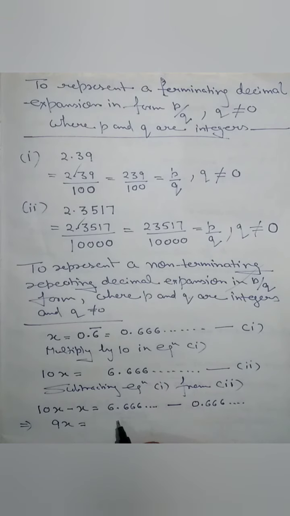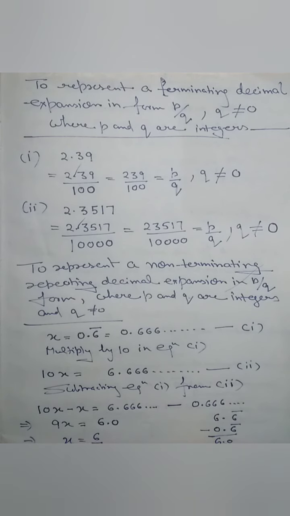We can see here that on the right side of the decimal, digits are the same, so it will be 6.0. It is 6.6 bar, from this we are subtracting 0.6 bar, we get 6.0. Now x is equal to 6 upon 9.